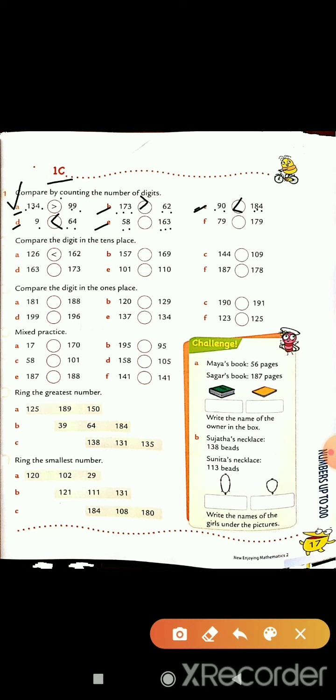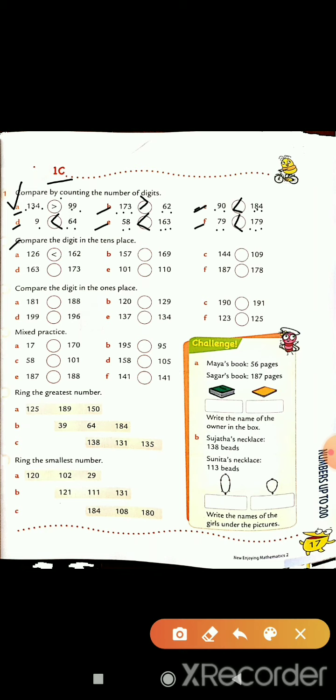So here 163 will be greater than 58 because 163 has 3 digits whereas 58 has 2 digits. F. 79 and 179. 79 is having how many digits? 1, 2. 2 digits and 179 is having 1, 2, 3. So 179 will be greater than 79.